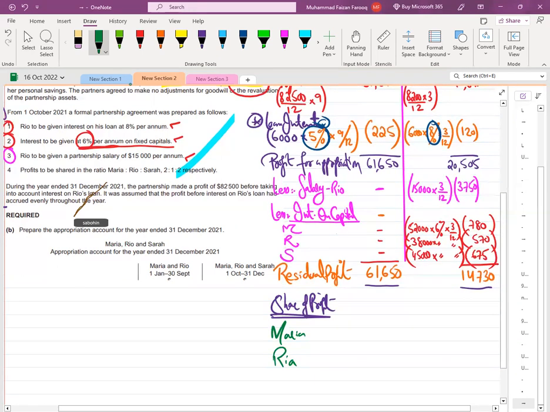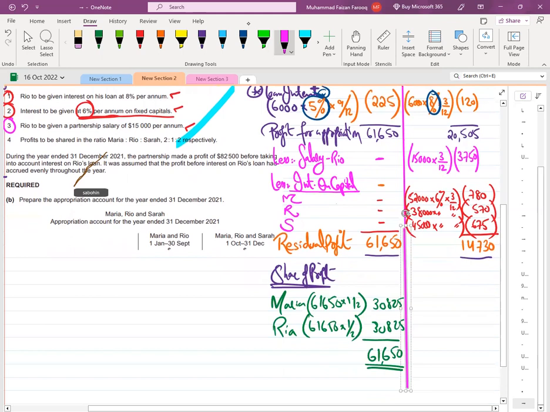There was no agreement, which means equal share, half and half. So how to do half and half? 61,650 divided by 2, I will get 30,825. If there is no agreement, as per the rule, we are distributing profits equally.